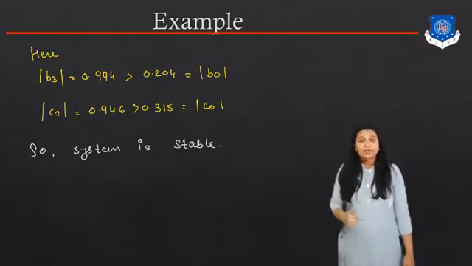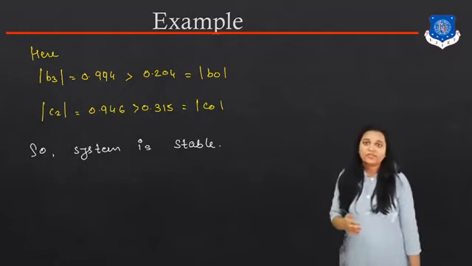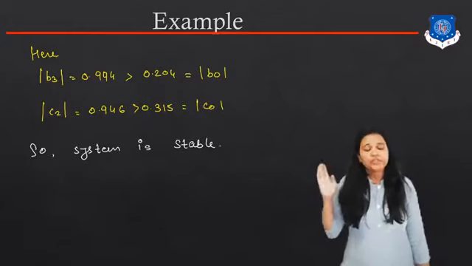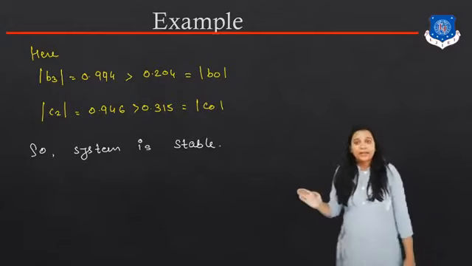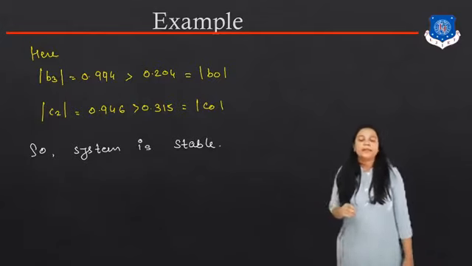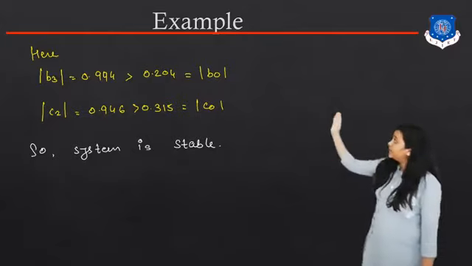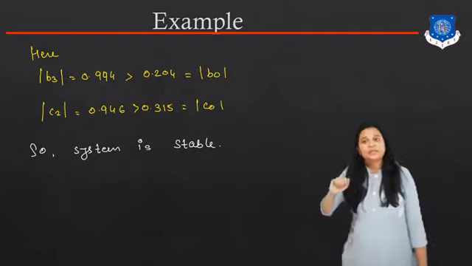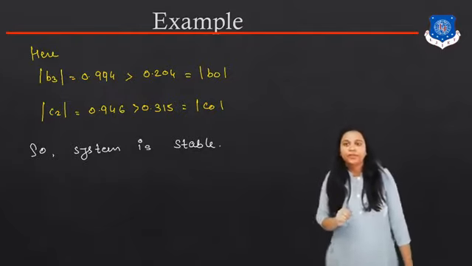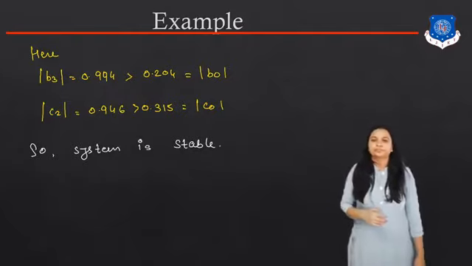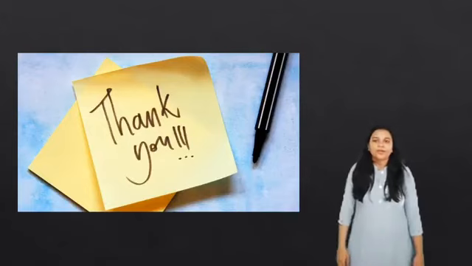If any of the conditions is not satisfied in this unit stability test, the system becomes unstable. If we get |B3| less than |B0|, the system becomes unstable. Clear? Thank you everyone.